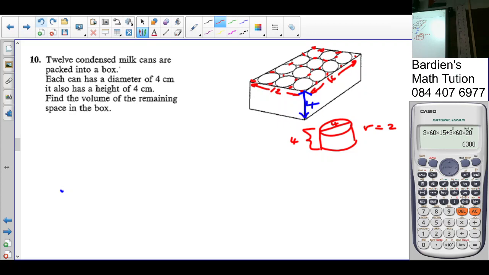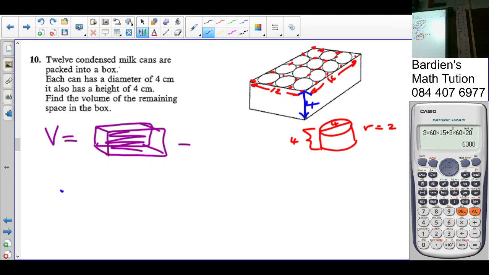How do you think you're going to calculate that? We definitely know its volume, yes. But how are we going to calculate it? Calculate the volume of the box, yes. And then minus, yeah, the volume of the cylinder, the condensed milk cylinder.